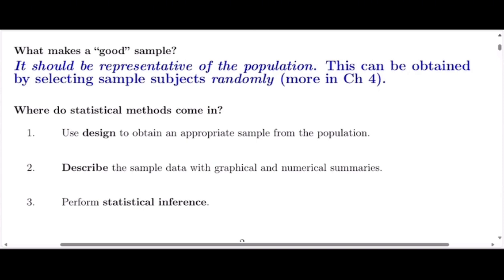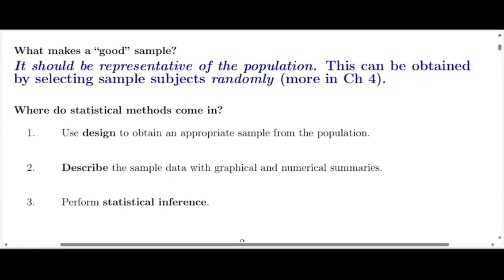Why do we need a representative sample? We need a representative sample because whatever we get from the sample, we're going to generalize it on the entire population. Does that make sense? Now, where does statistical method come in?